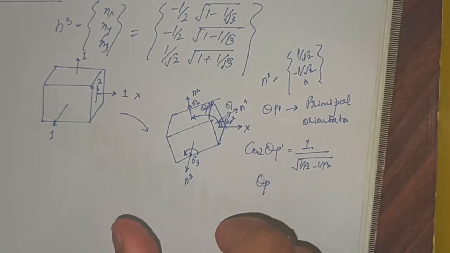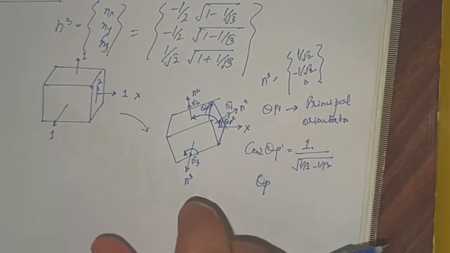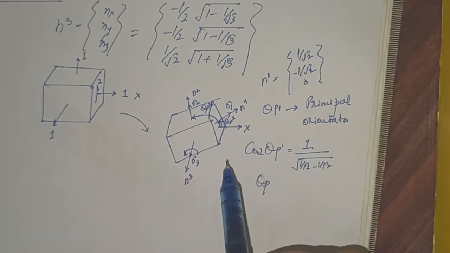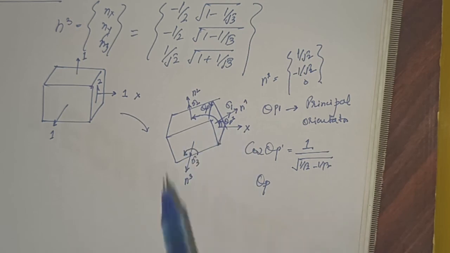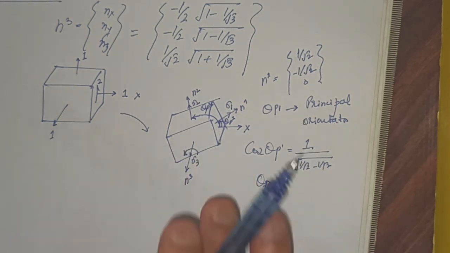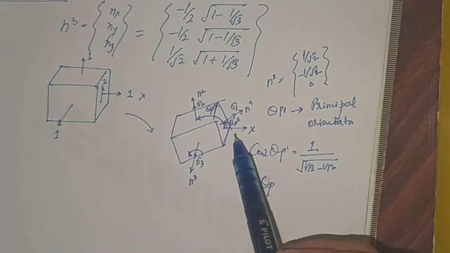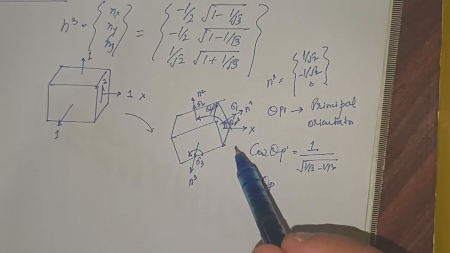So it's occurring on the plane. Which plane is it? It is occurring about plane xy only. So this is my plane xy. In this way you can obtain theta 1, theta 2, theta 3.